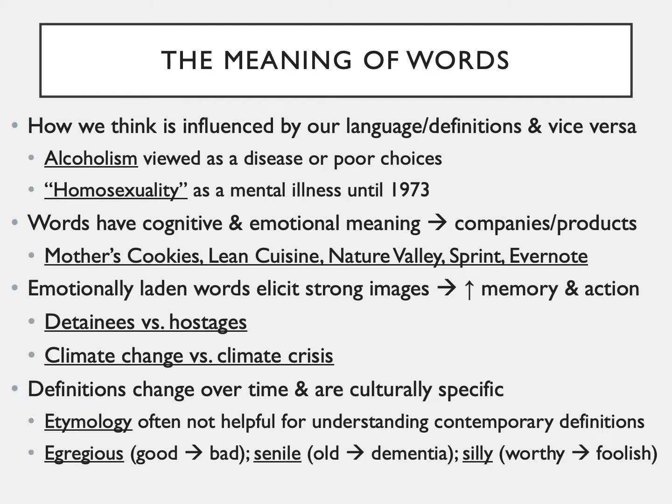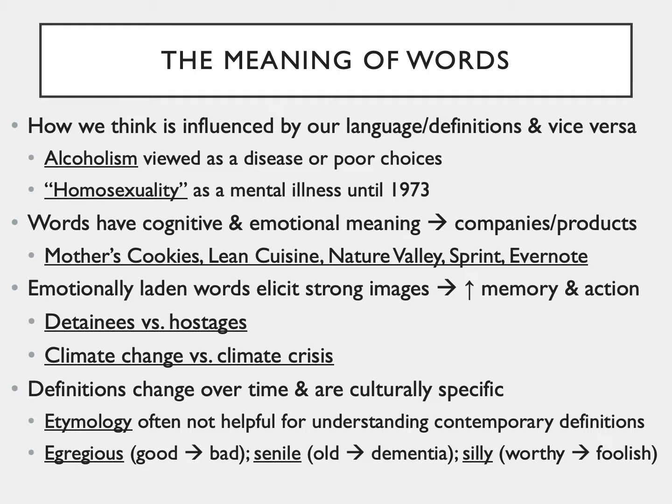Lean Cuisine capitalizes on the fact that it's not only going to help you have a lean body, but it's high-end cuisine as well. Nature Valley, which is covered in sugar and various oils and not necessarily healthy for you, leads the consumer to think of nature, which by definition we associate with being good for you. Sprint sounds like fast technology. Evernote, don't you want to hold on to those notes forever?